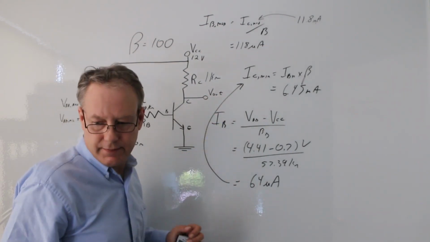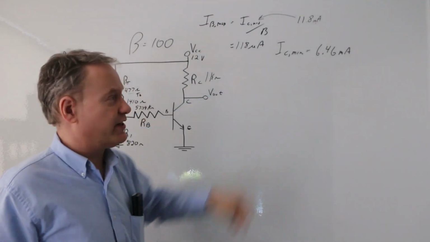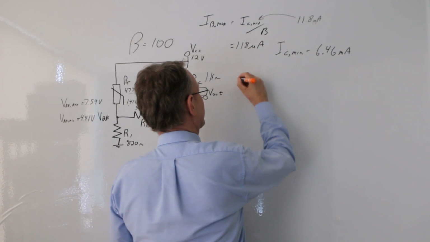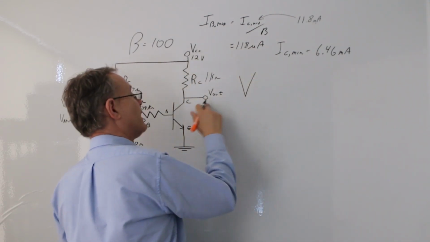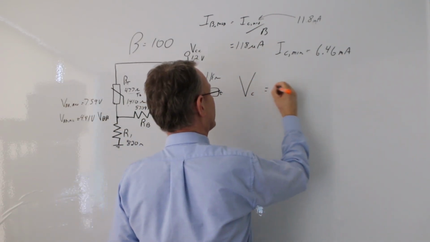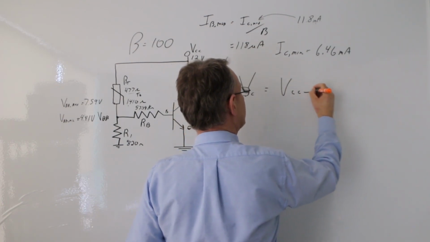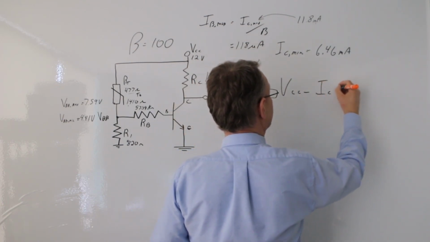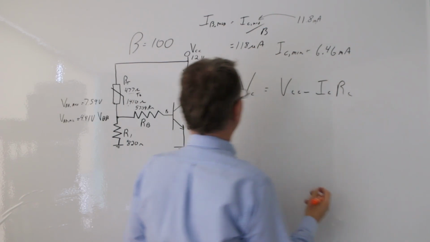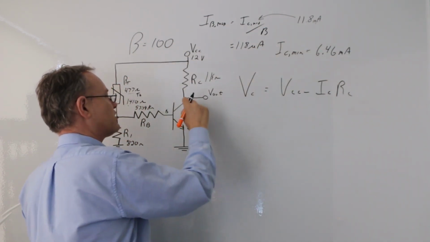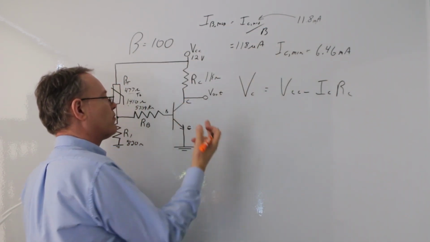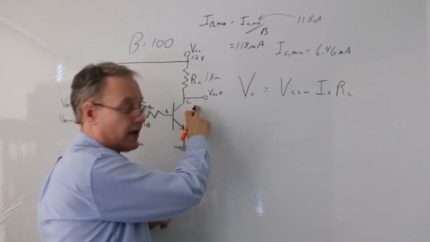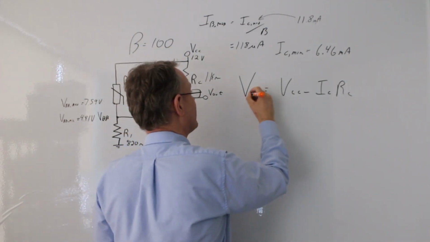What's the voltage out? So I've written my minimum collector current here, and now I'm going to write this formula down to find out my V out, and I'll use this formula which you recognize. That's going to be VCC minus IC RC, but more specifically that tells us the voltage from here to here, but we're actually looking at this voltage anyway, so the V out is the same.